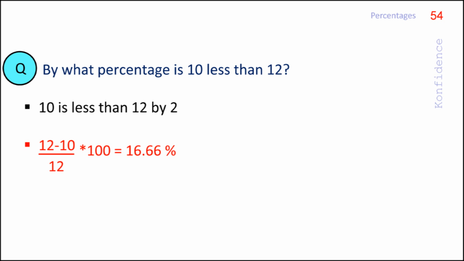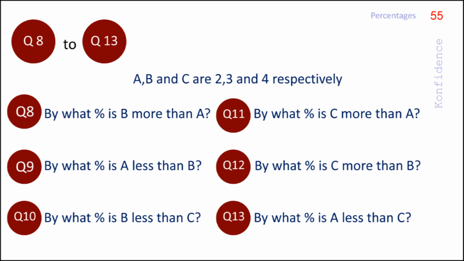To make the concept clear, we shall look at some more questions. Take a look at questions Q8 to Q13. A, B, and C are 2, 3, and 4 respectively. Question number 8. By what percentage is B more than A? Question number 9.